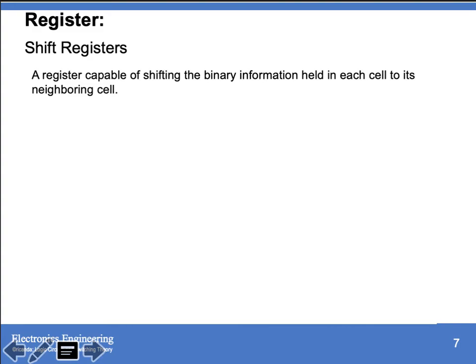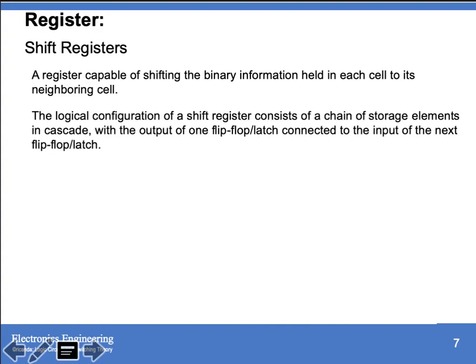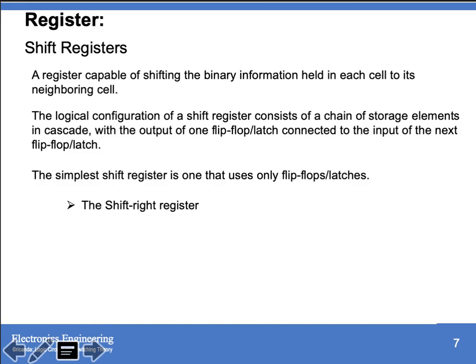The logical configuration of a shift register consists of a chain of storage elements connected in series, or in cascade, with the output of one latch or storage element connected to the input of the next. The simplest shift register is one that uses only storage elements, flip-flops or latches. These are the shift right register and the shift left register.